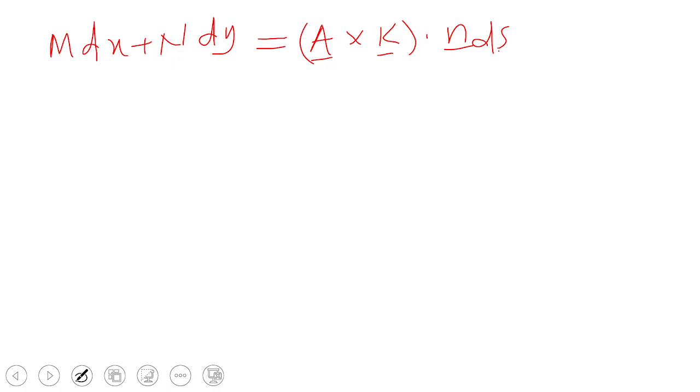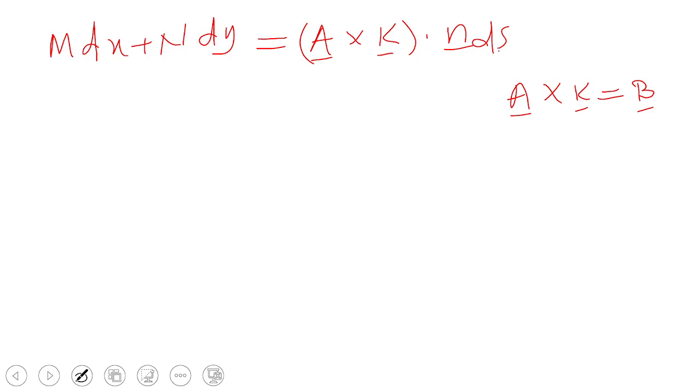where we know ds is the arc length element, n is the unit normal to the curve, k is the unit vector along the z axis, and A is the vector field, vector potential. Okay, we name this A cross k as B. But what is this A cross k?